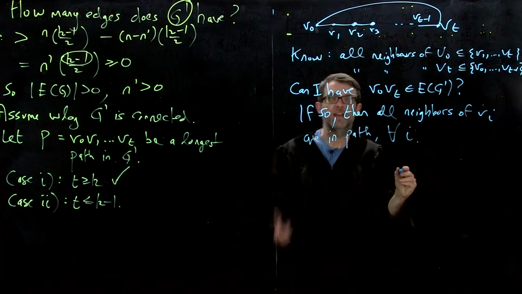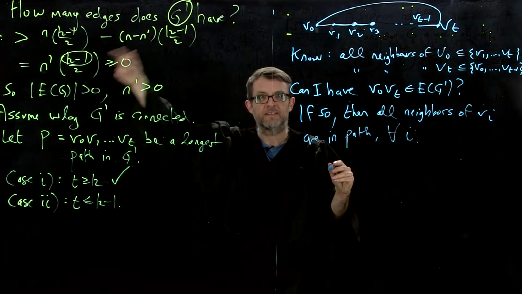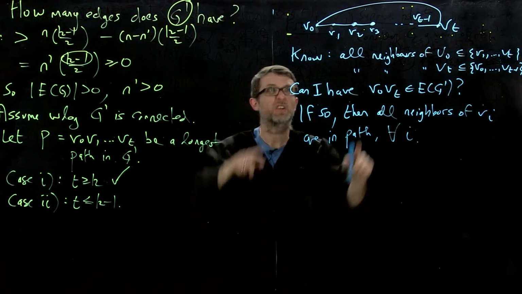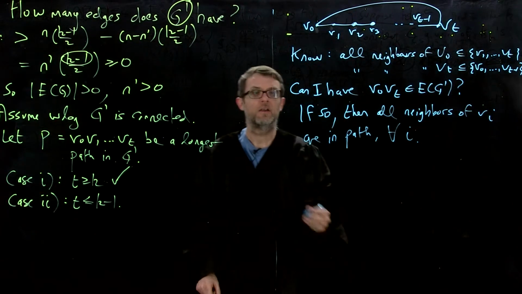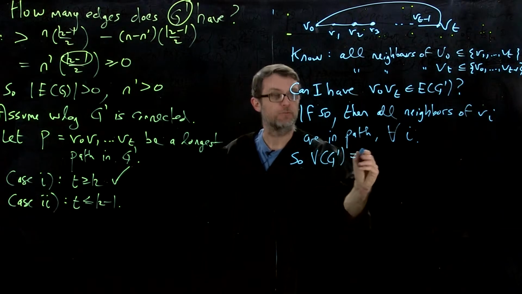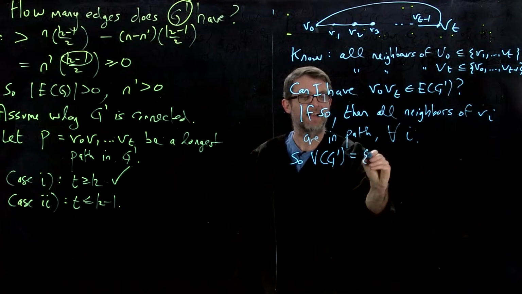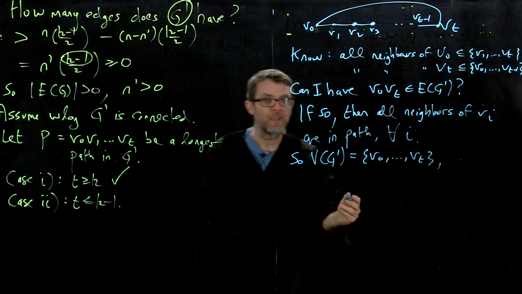That means that none of these vertices see anything else in the outside world. And since I'm assuming that I'm working with a connected graph, that means that this is the entire world. So that says that the vertex set of G is exactly the set v0 up to vt.